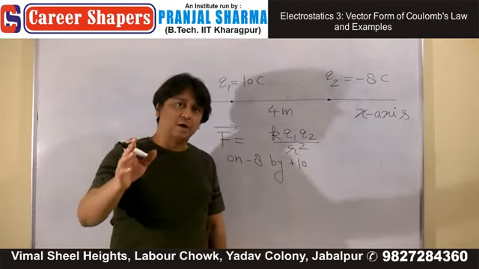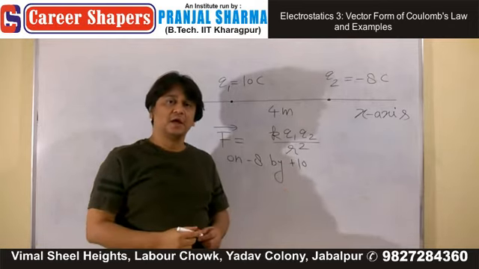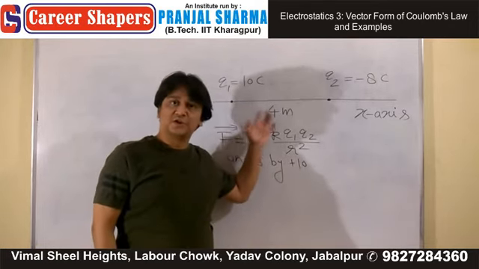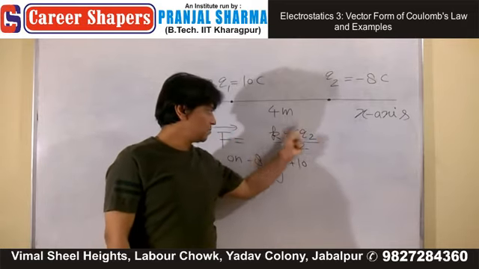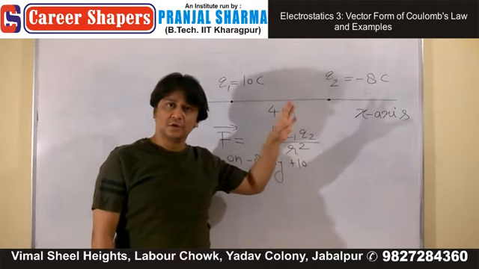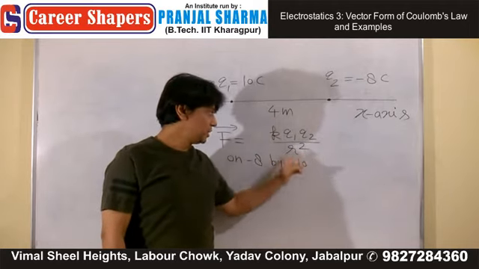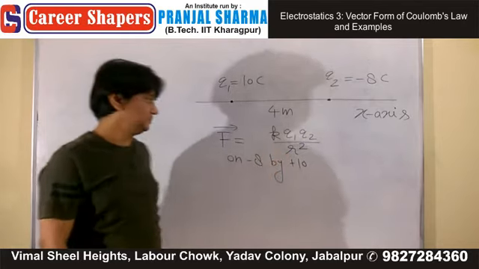You don't have to worry about AB cap or things like these. Question is very easy. Everybody knows this format: magnitude is K Q1 Q2 upon R square.